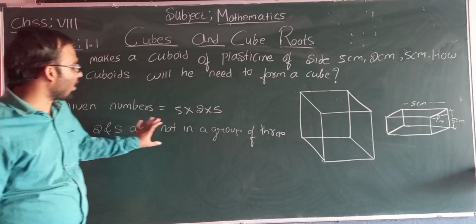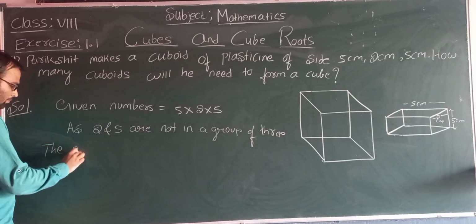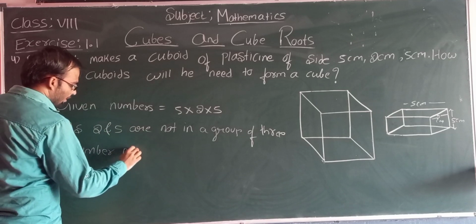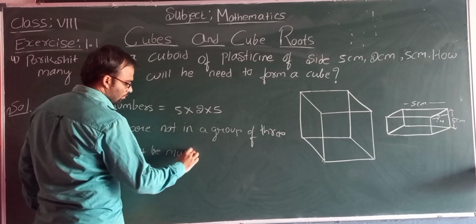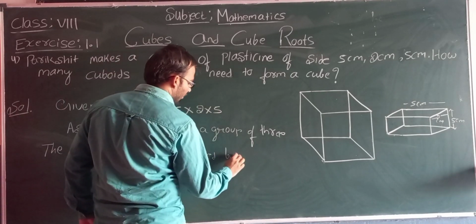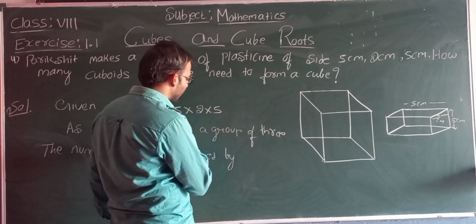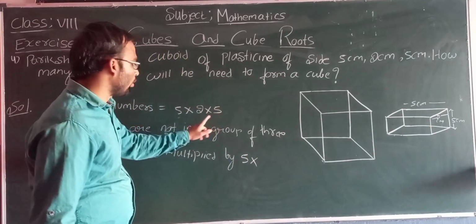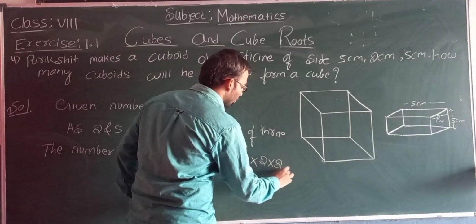As 2 and 5 are not in a group, therefore the number must be multiplied by, so here we want one more 5 to make a group of 3 of 5s, and we want 2 more 2s to make a group of 3 of 2s.